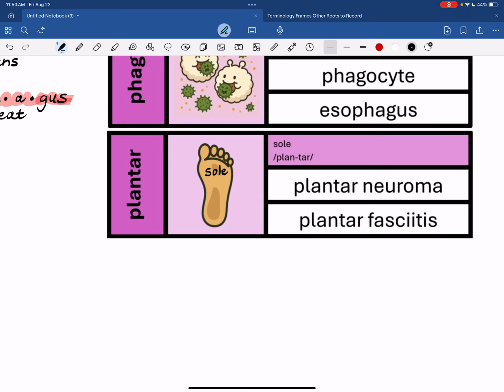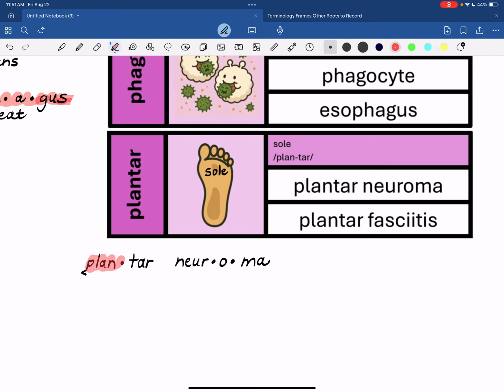So the first term is plantar neuroma, and I'm going to look up the definition of this one because I'm not as familiar with it. I've heard the term, but I need to check the definition before I give it to you. We can decipher, though, because we know our roots. So here's my guess.